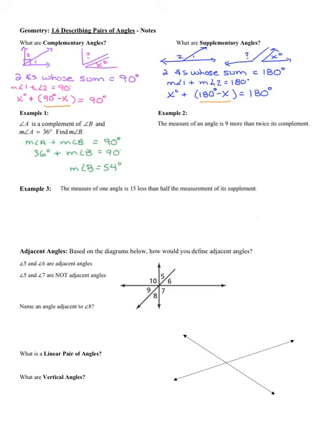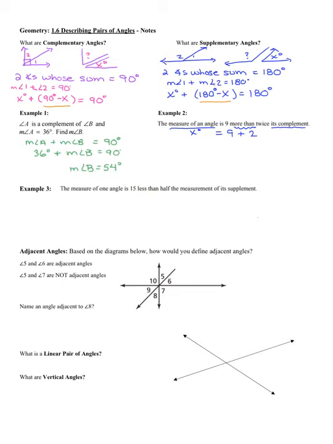Now we start getting into a little more of a translation problem. So we have here the measure of an angle is 9 more than twice its complement. So the measure of an angle, we're going to call that x, is usually translated to equal. 9 more than means you're adding.